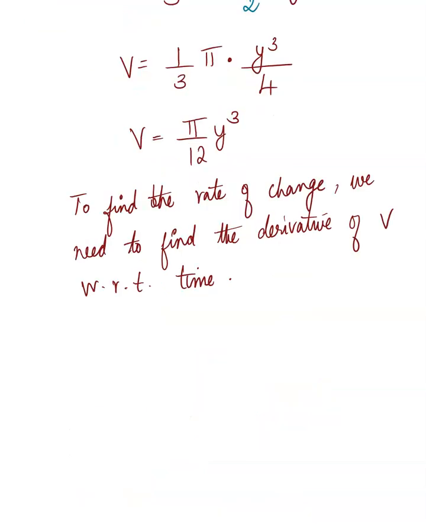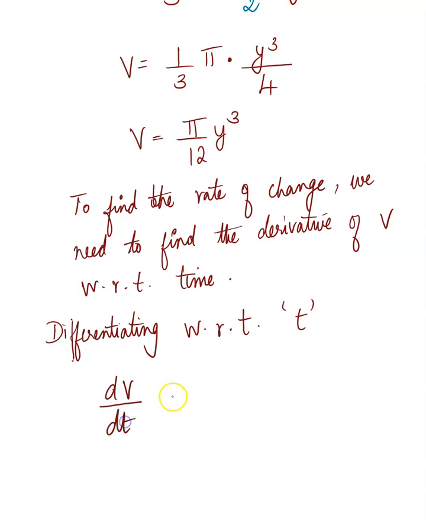So coming down here, differentiating with respect to t because I'm introducing the variable t here. So dv over dt will be, this is a constant, pi over 12 times, y is also a function of time, right?